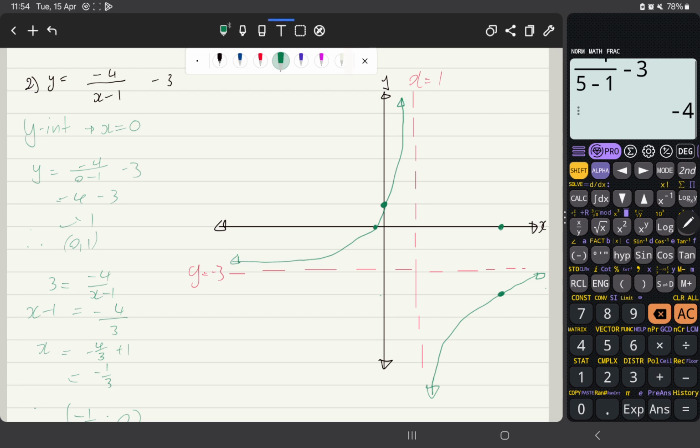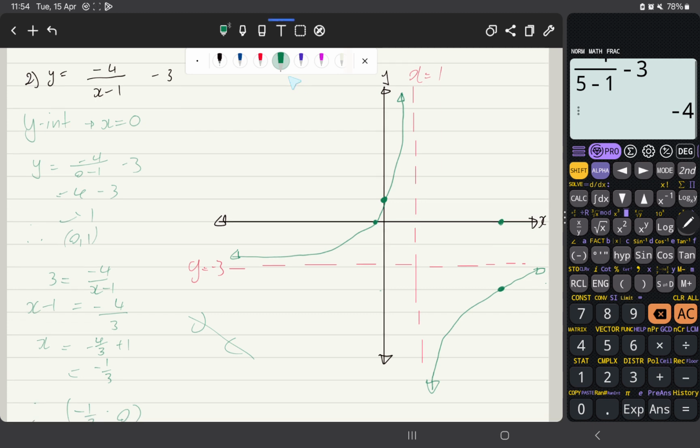And the reason why the curve is shaped like this is because our a is negative, right? So yeah, we have both of our intercepts right here. We have that extra point. You have your asymptotes, and you can just quickly calculate your axis of symmetry.